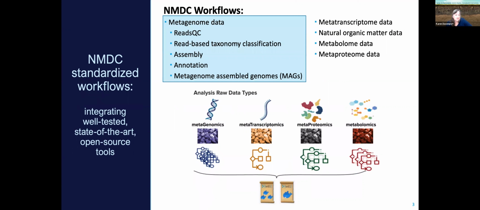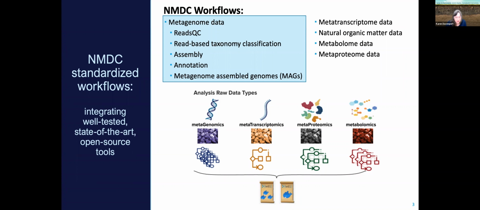So the NMDC standardized workflows incorporate state-of-the-art bioinformatics that were developed for all types of multi-omics data. We're going to focus for this particular talk just on the metagenomics workflows, and those include reads QC, read-based taxonomy classification, assembly, annotation, and metagenome assembled genomes.